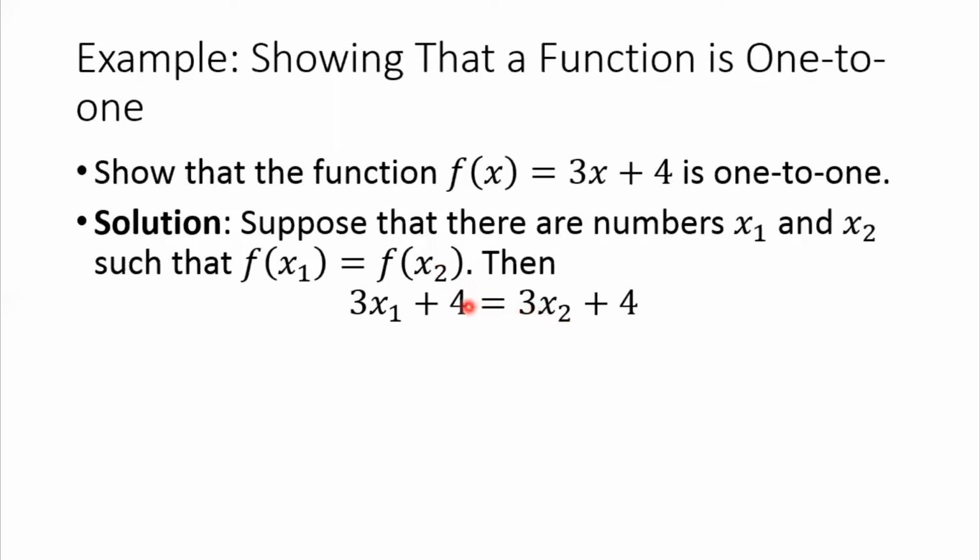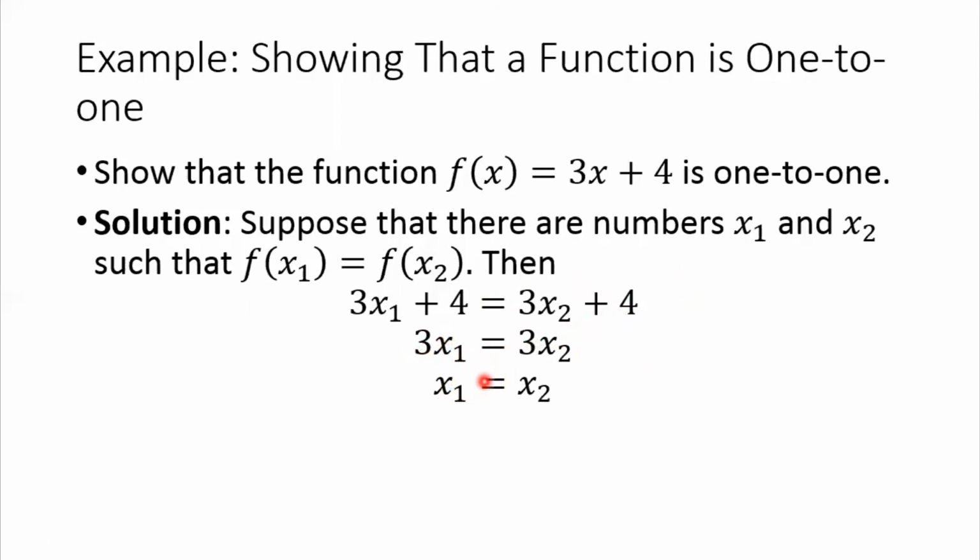This plus 4 and that plus 4 will cancel because 4 is transposed to the other side, so 4 minus 4 is 0. So we only have 3x sub 1 is equal to 3x sub 2. By dividing both sides by 3, we come up with x sub 1 is equal to x sub 2.